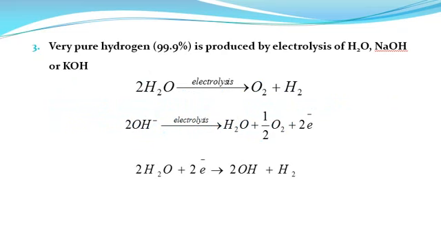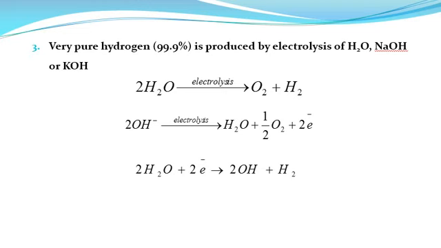The third procedure of producing hydrogen can be described as electrolysis of pure water. Very pure hydrogen can be produced by electrolysis of water or sodium hydroxide or potassium hydroxide in solution.